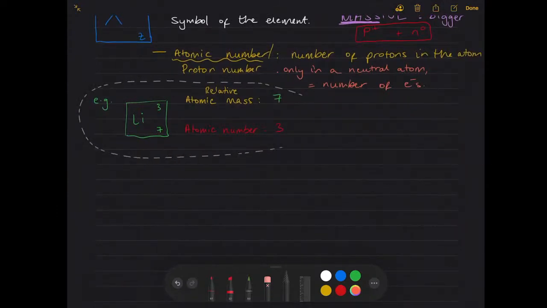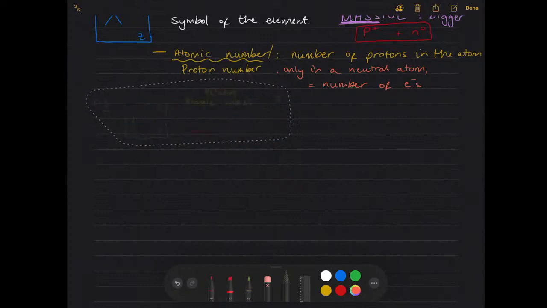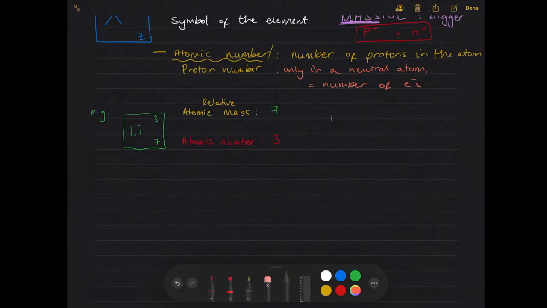You may be wondering, why is this useful? Why on earth are we doing this? Well, the fact that we've worked out these two numbers can really help us in determining the number of protons, the number of electrons, and the number of neutrons in lithium. Start with what you know. You know that the proton number is 3, so I'm going to chuck a 3 in here.